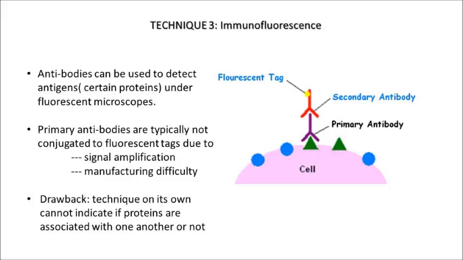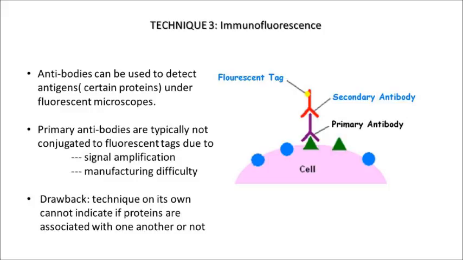Did I say that right? Yeah, the primary antibody detects a specific antigen, which is a protein, by the way. With this method, we can view specific types of proteins under a fluorescent microscope, which I'll go into more detail about in another video, provided this goes well.